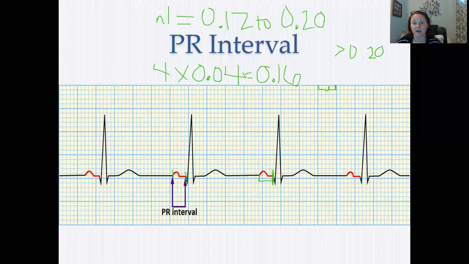So let's look at the next piece. That is going to be your PR interval: beginning of the P wave to the beginning of QRS. How many little tiny squares do you have? Normal, 0.12 to 0.20. Again, these are numbers you have to memorize. 0.12 to 0.20 is your normal PR interval.